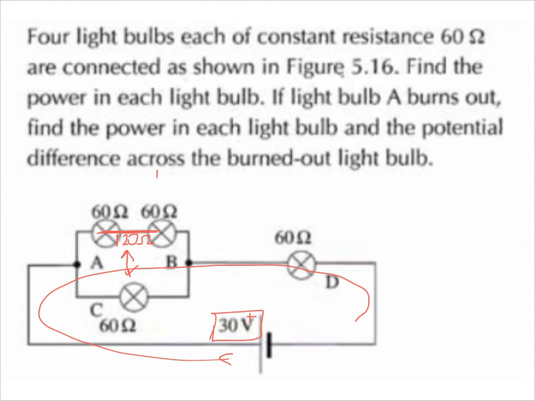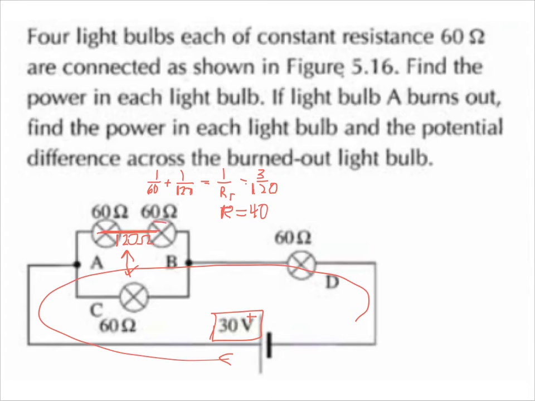So I'm going to go 1 over 60 plus 1 over 120. Okay, which will be 1 over that total resistance. And so I'm going to do 2 over 120 and 1 over 120, so that'll be 3 over 120. The reciprocal, 120 over 3, means that resistance will be 40.